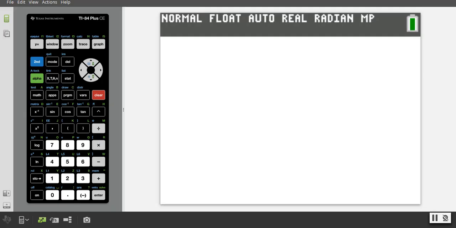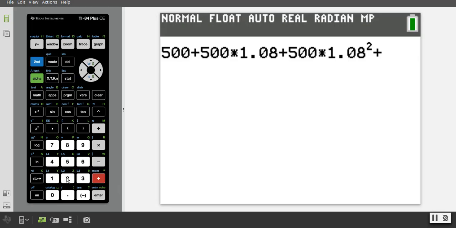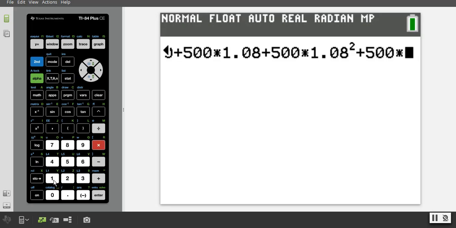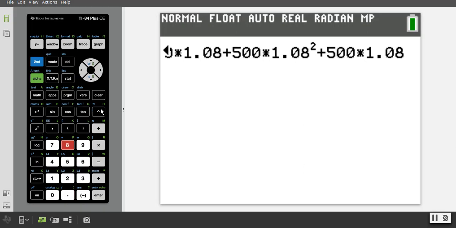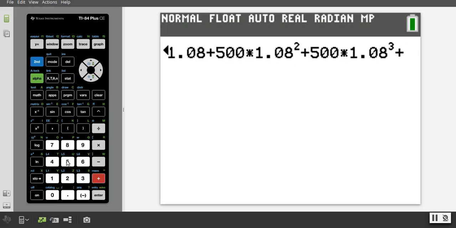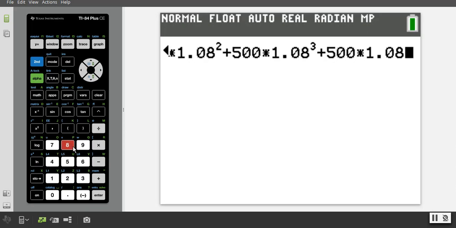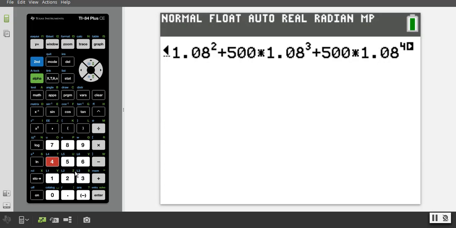In our calculator, we can do that. So 500 plus 500 times 1.08, plus 500 times 1.08 squared, plus 500 times 1.08 cubed, and then we have another amount, 500 times 1.08 raised to the fourth power.